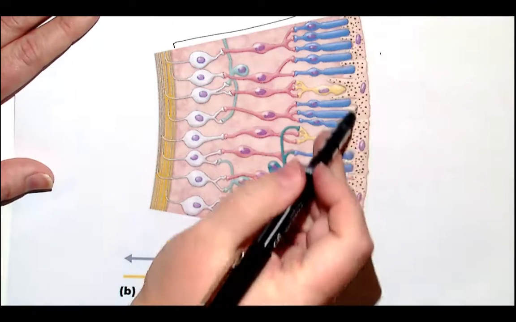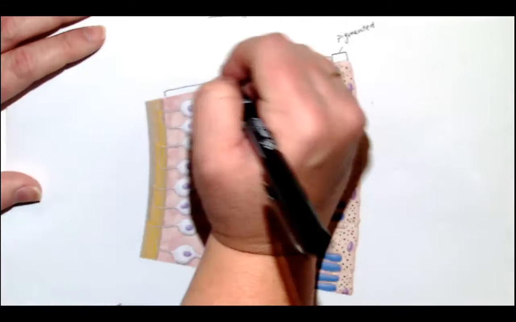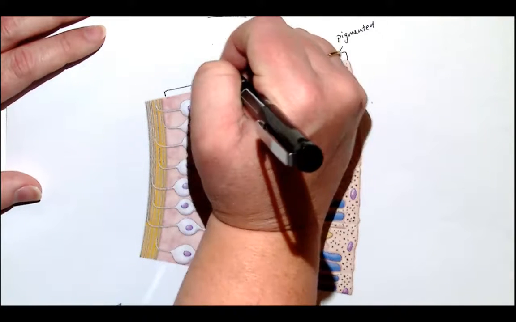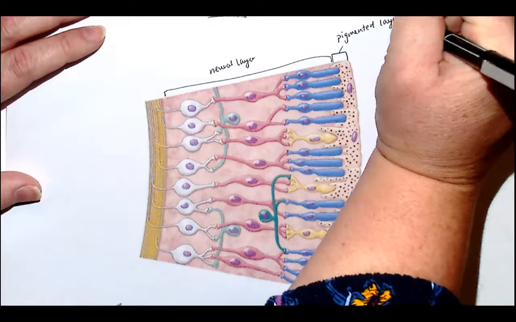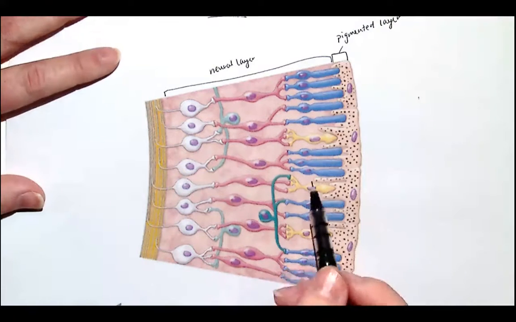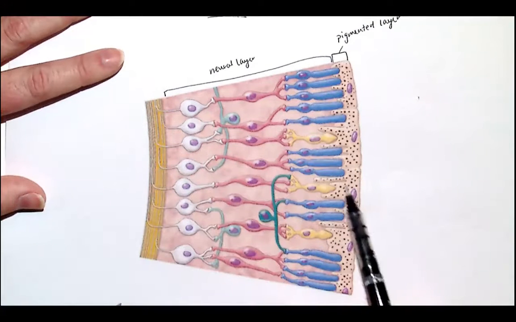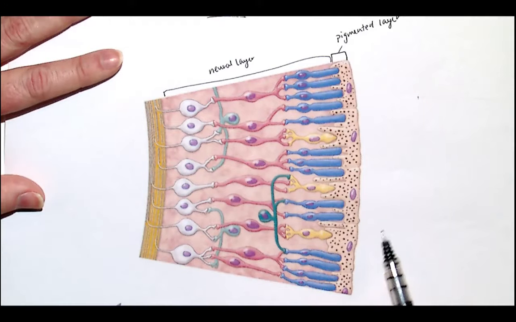This teeny tiny layer right here is the pigmented layer, and this big thick layer right here is the neural layer. We said the pigmented layer was full of what pigment? Picture all these melanin granules here absorbing extra light that we don't need.